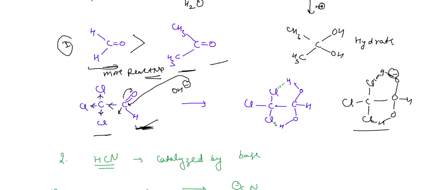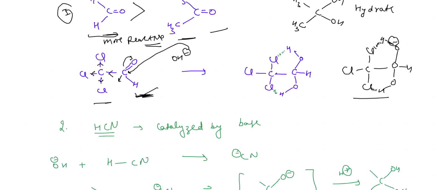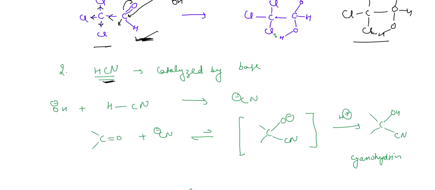Okay. The second reagent is hydrogen cyanide. Hydrogen cyanide is less reactive in nature. So that's why this is a reaction that is catalyzed by a base to get cyanide as the nucleophile.